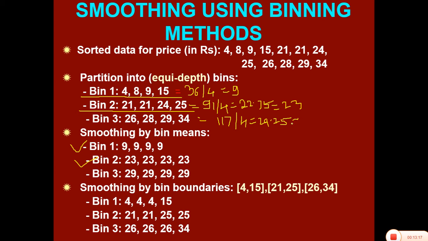So approximately it will be 29, because you are going to round that value to the nearest value. 22.75 is nearer to 23, it's not nearer to 22, therefore you are making it 23. But 29.25 is nearer to 29, it is not nearer to 30, so it is going to 29. So you are going to replace the bin 3 values with 29.